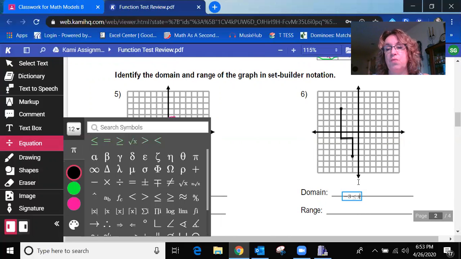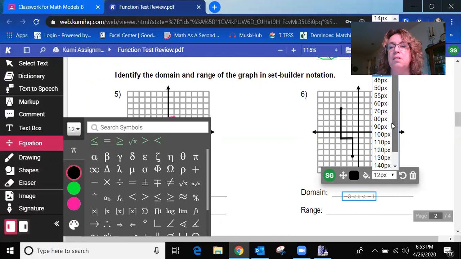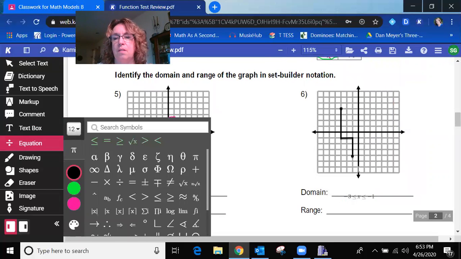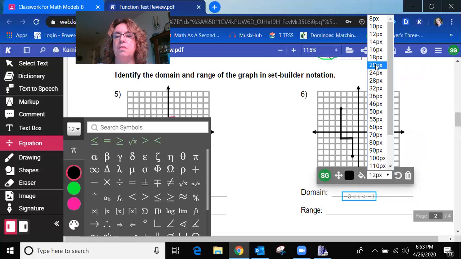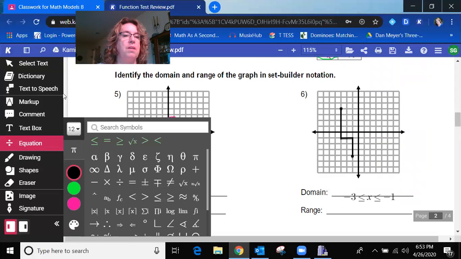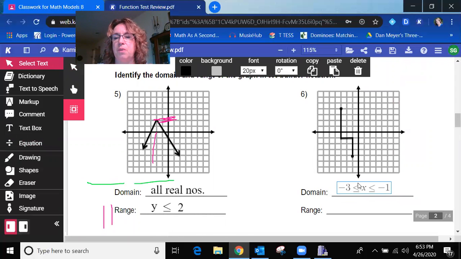Well, it goes as far right as -1. Let's get that to where you can see it a little better. I know this shouldn't take this long, but it does. And that's how I can move it back into place. So that's the domain on that one.